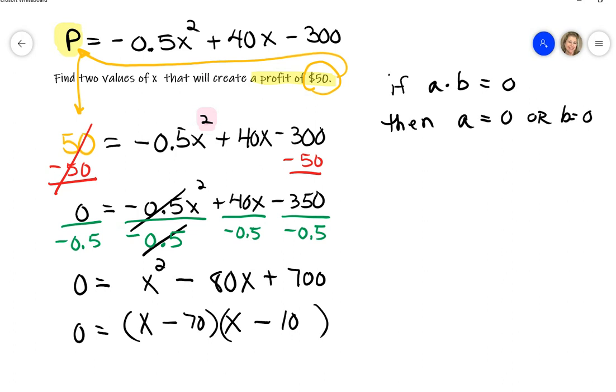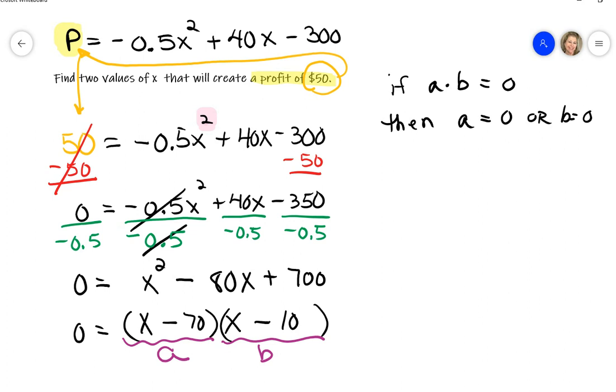If you multiply two things together and your answer is 0, one of those two things has to be 0 to get an answer of 0. And when I look at this problem down here, I'm seeing an x minus 70. That's acting like the A, and the x minus 10 is acting like the B. If A times B equals 0, then one of them has to be 0.